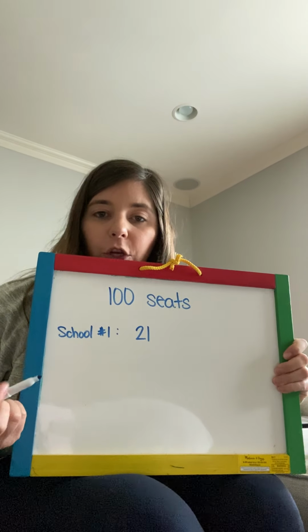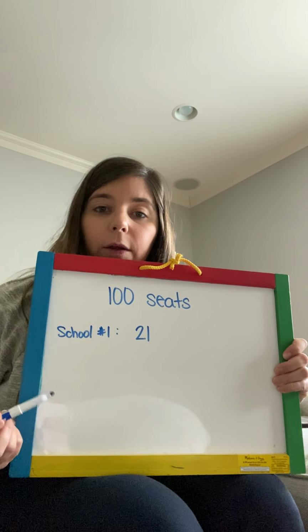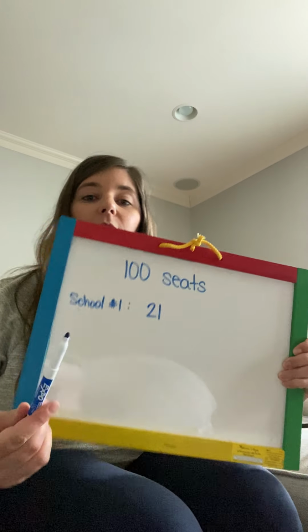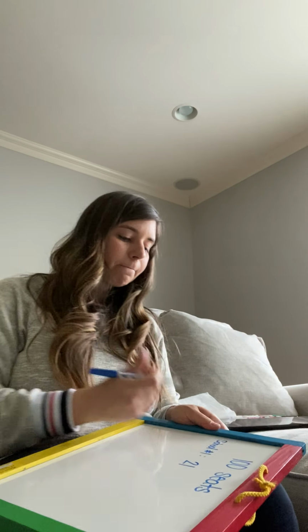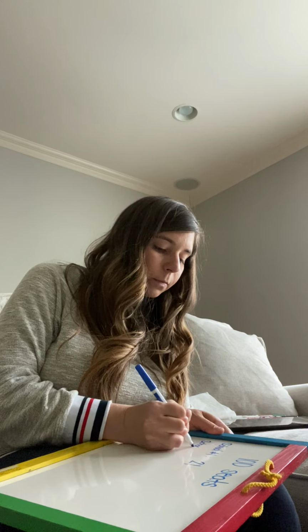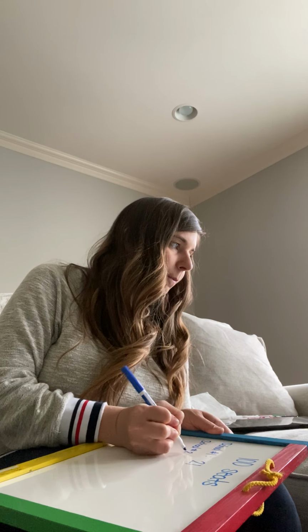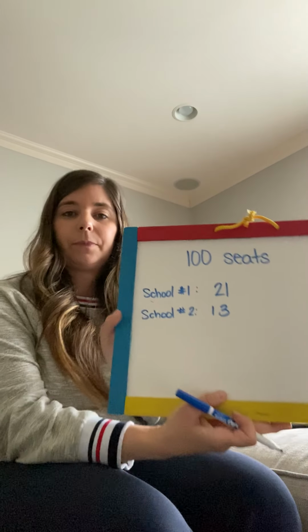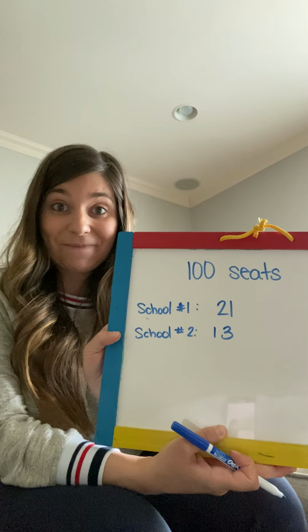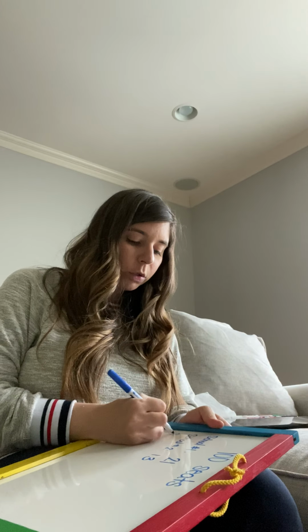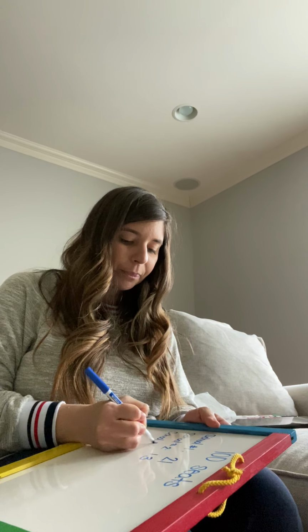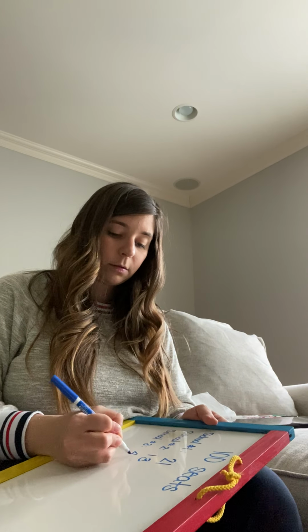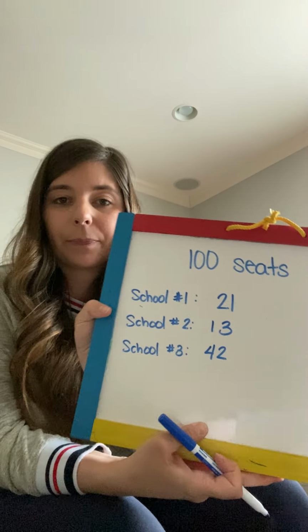Let's go ahead and on your paper, whatever you're using, write this out. So we have 100 seats. School number 1, 21 kids are going. School number 2, 13 kids are going. You with me? School number 3, 42 kids. It's a big school.